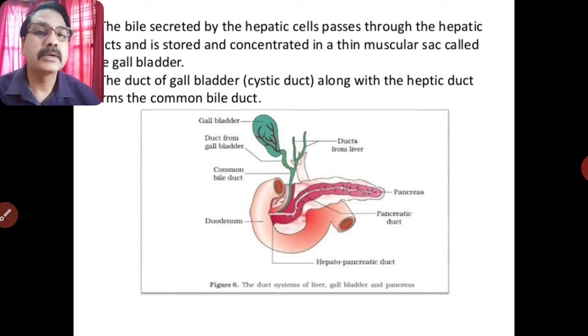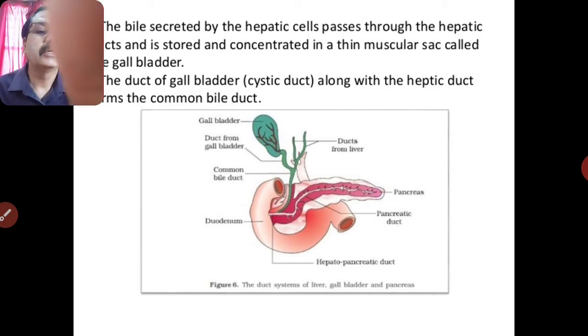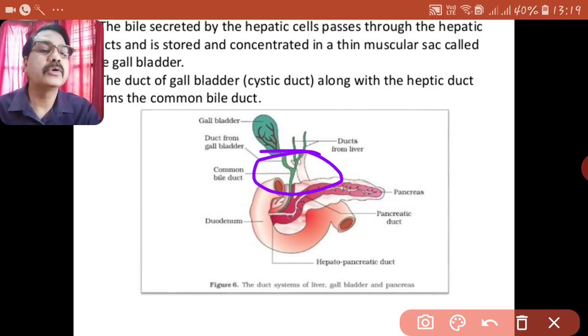Gallbladder only stores the bile secreted by the hepatic cells of the liver. The duct of the gallbladder, called the cystic duct, along with the hepatic duct, forms the common bile duct. Here you can see the common bile duct in the diagram.